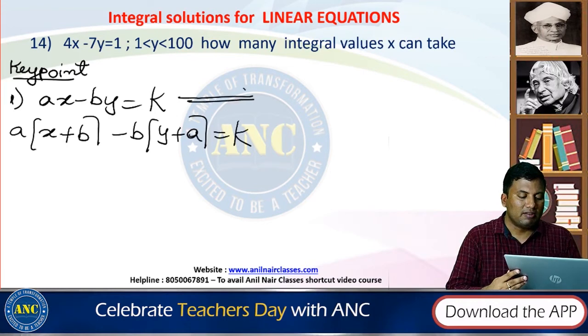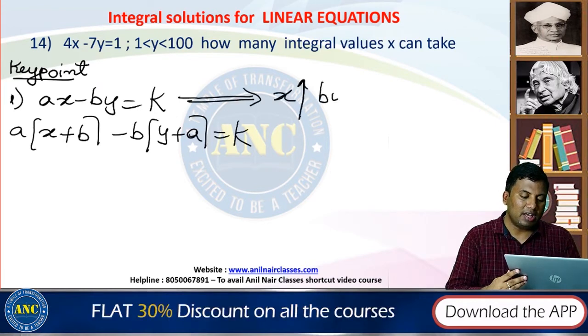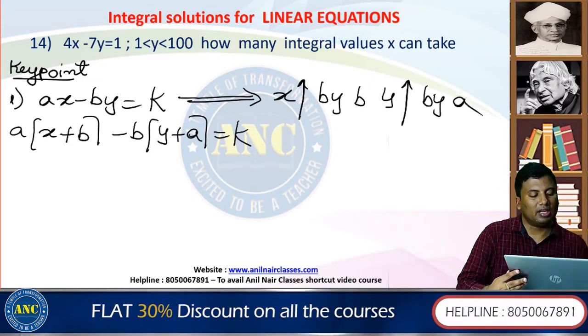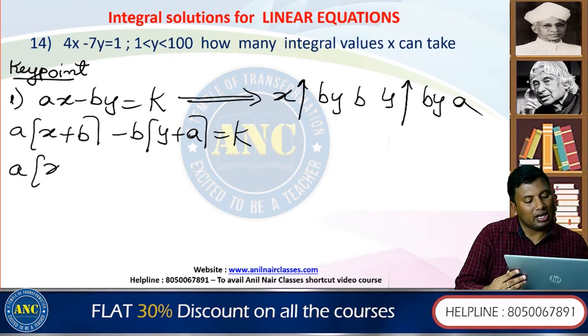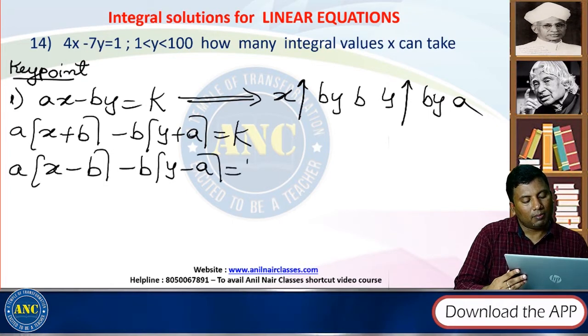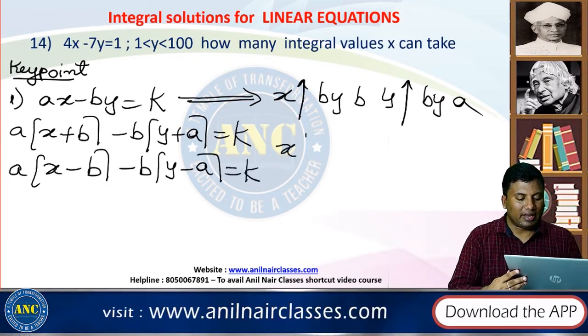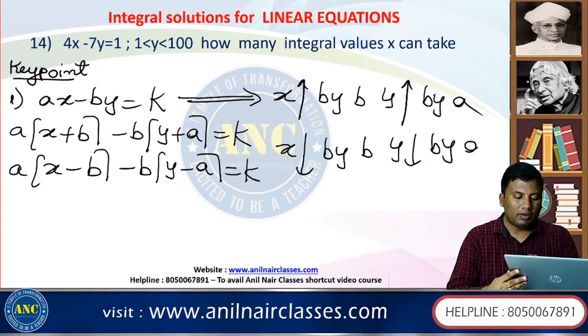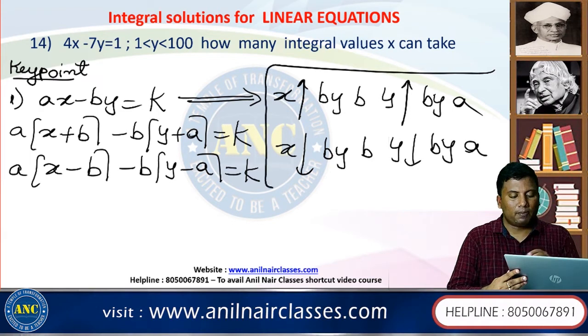That means for this equation, if x increases by b, y will also increase by a. If x decreases by b, y will also decrease by a. Minus ab plus ab. If x decreases by b, y will also decrease by a.